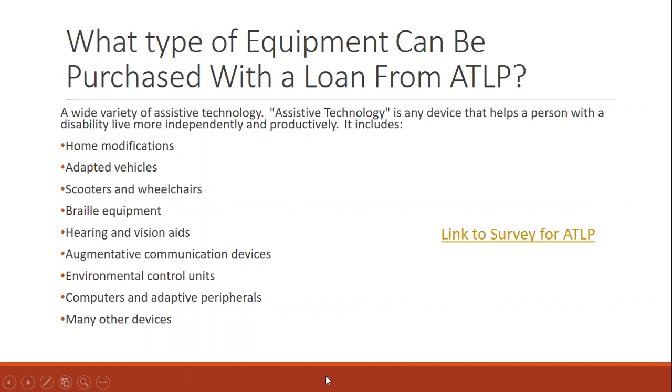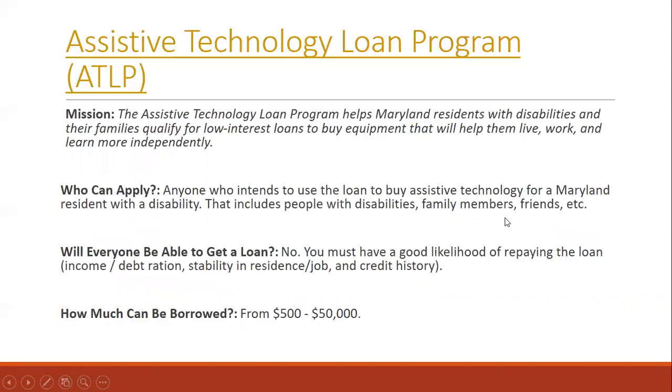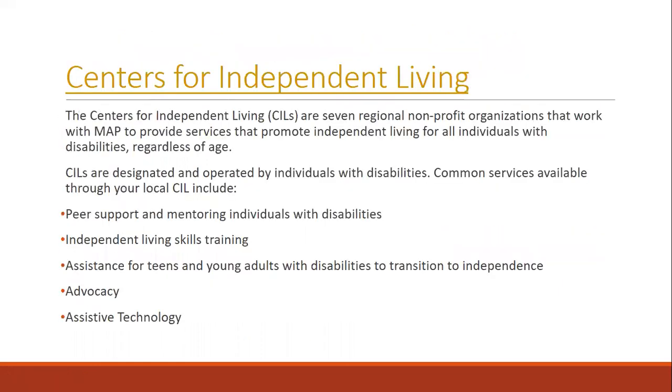And a link to the survey for the ATLP that can get you started is right over here. Also, as I go through this, I'm going to send out this PowerPoint to everybody, and all of these titles have a hyperlink that's going to take you directly to that website. So just keep in mind that I have all the websites built into these titles here.